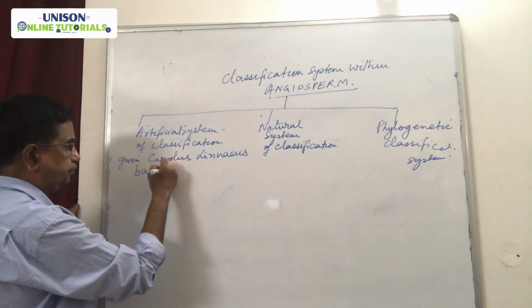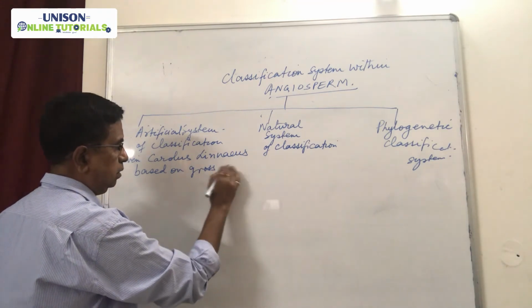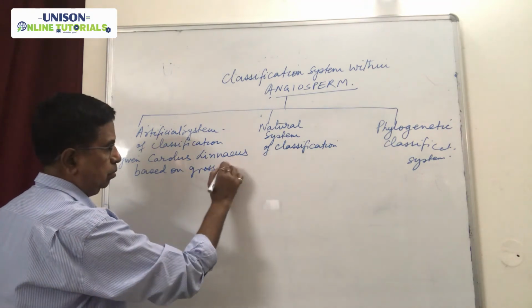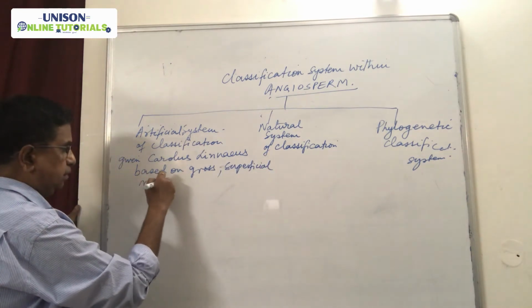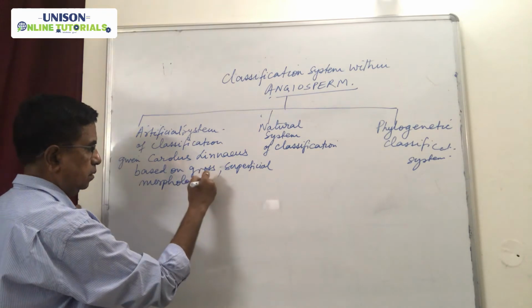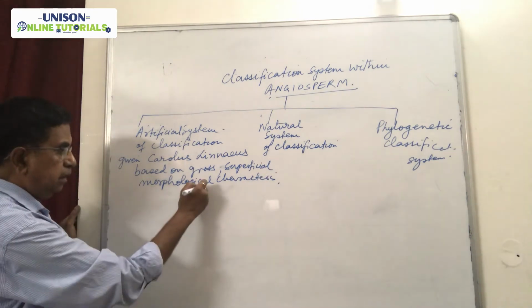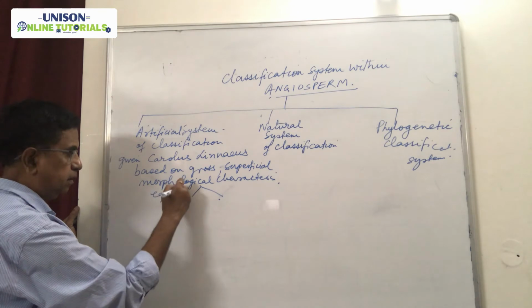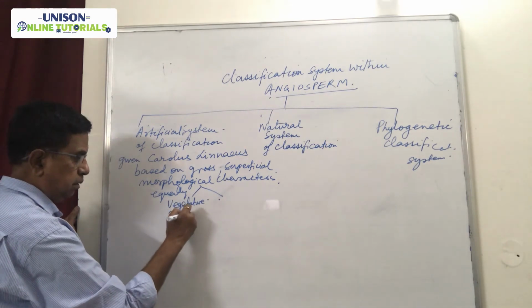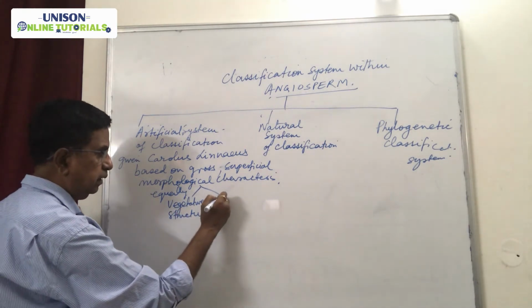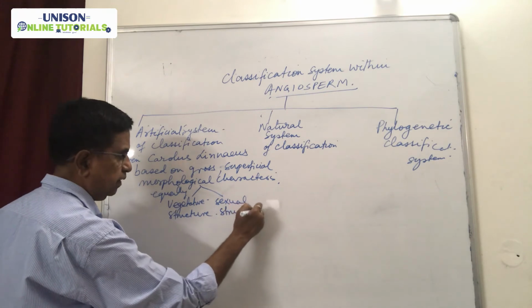This is based on gross, and gross means total, superficial means only externally visible morphological characters, giving equal weightage and equally considering both vegetative structures, which include the root, stem and leaf, and also the sexual structures, which in angiosperms are flowers.